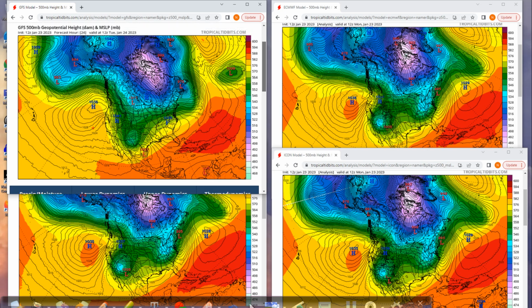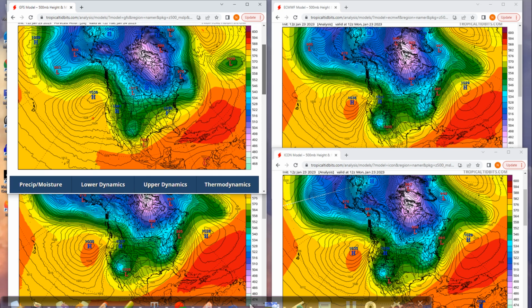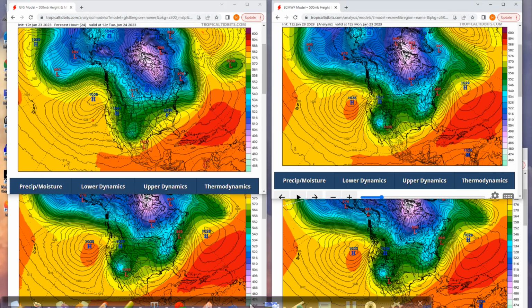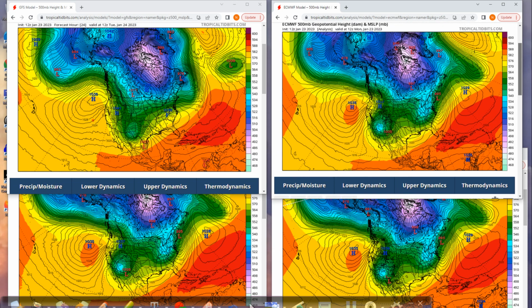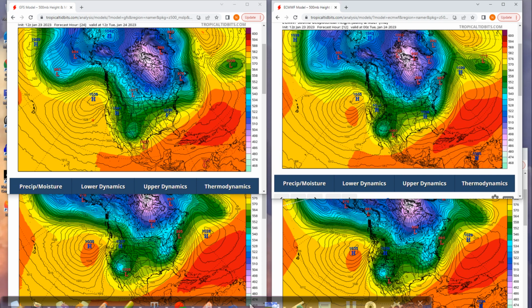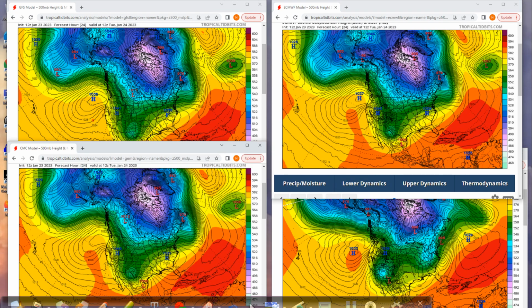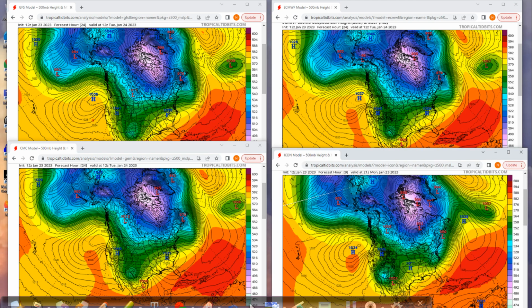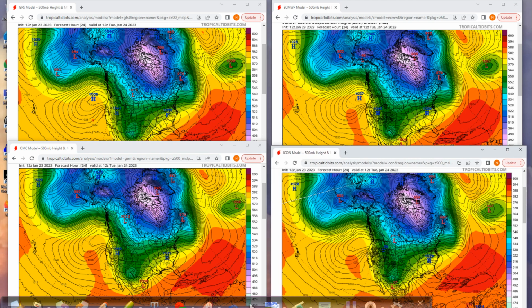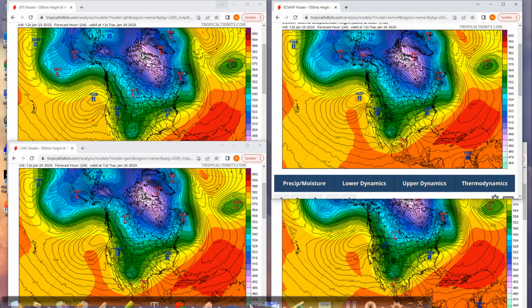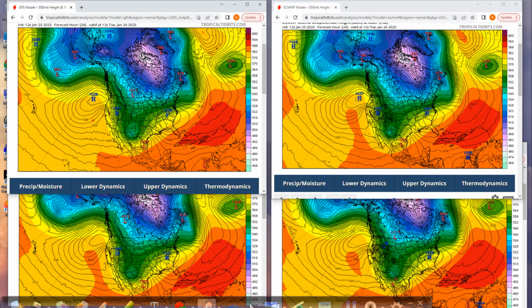I need to go up slightly. Just make sure that I am at 24 hours on some of these. Okay, so the European upper right. Okay, so there's the 24-hour forecast right there. And then the Canadian model in the lower left, and the German model in the lower right. Okay, so this is the forecast for 24 hours on all four.